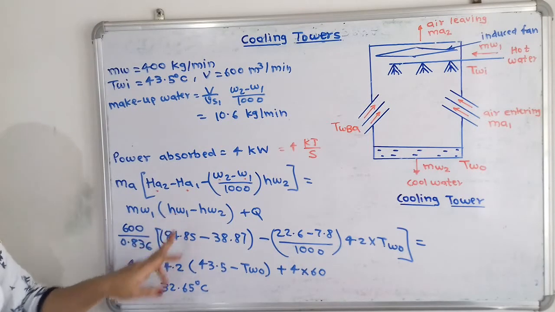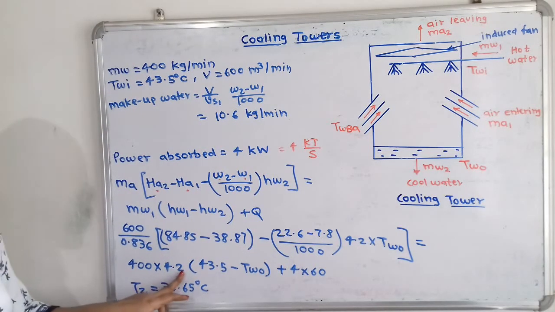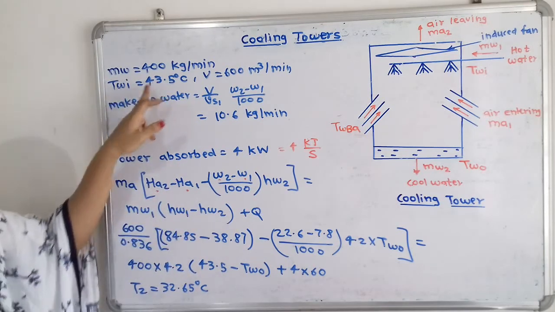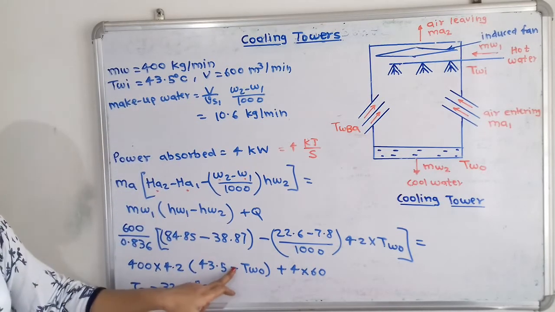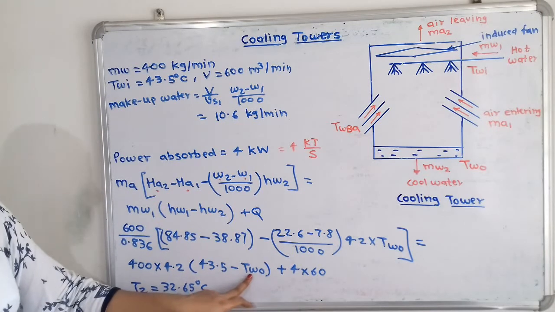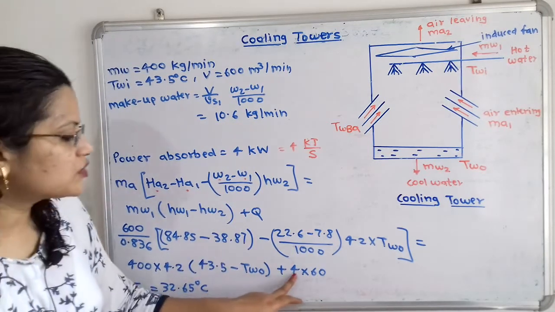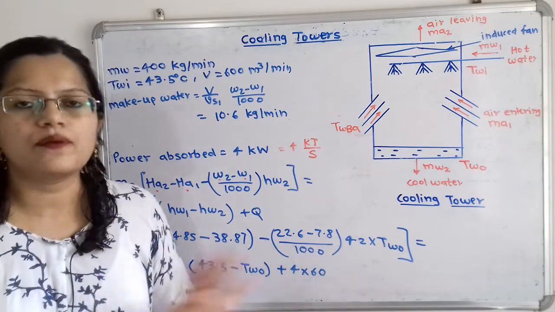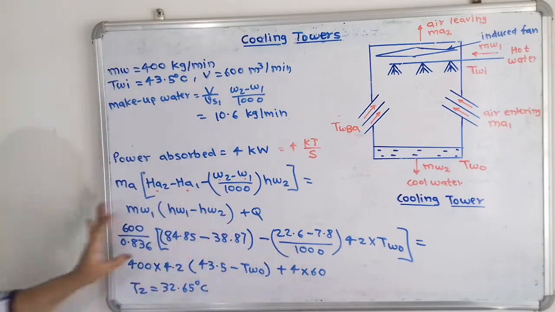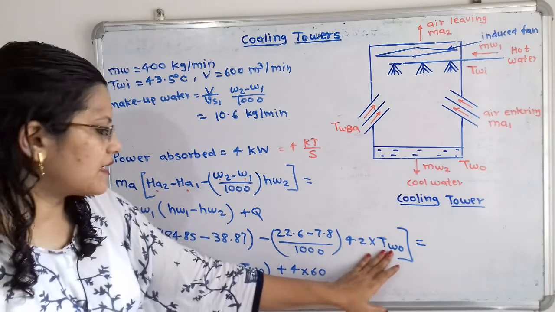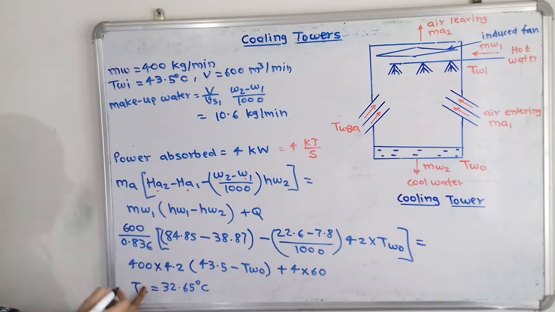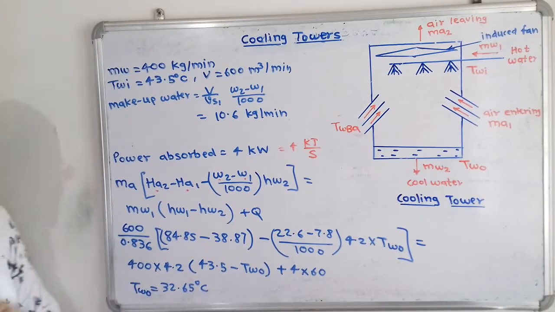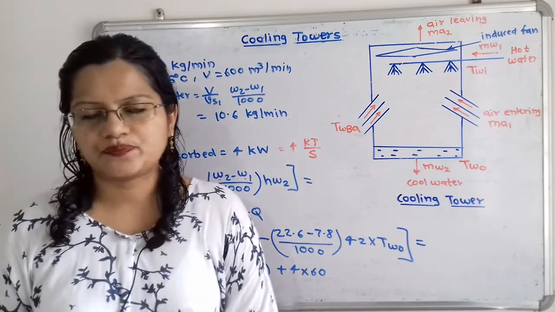So here Cp we have to take as common, that is 4.2, and temperature of water at inlet TW1 is given 43.5 minus TW2, that is unknown, plus Q. So plus Q we have to take 4 into 60 because we have to take in kilojoule per minute. So if we observe this, only one unknown term, that is TW2, the temperature of water at outlet, and it is equal to 32.65 degrees Celsius.